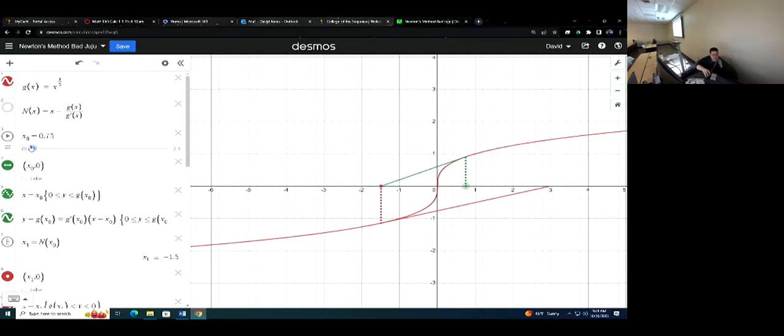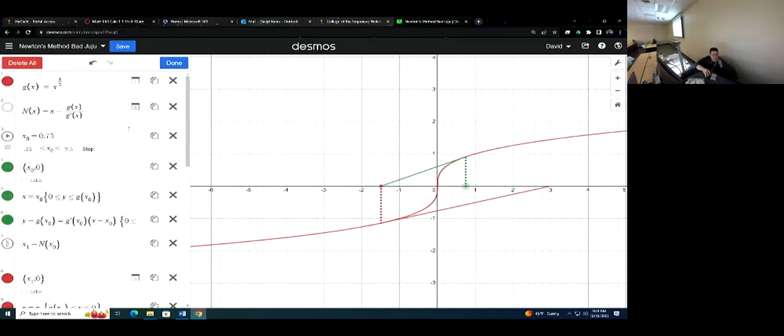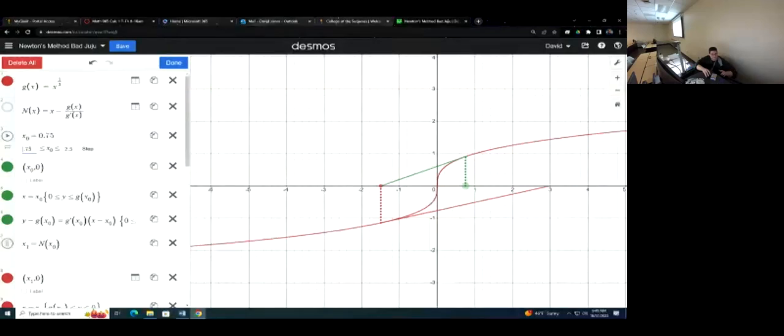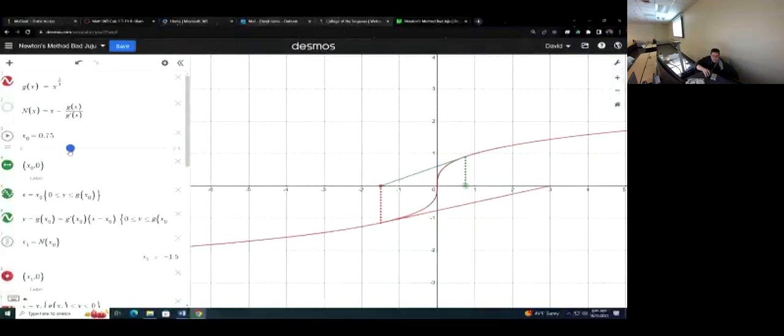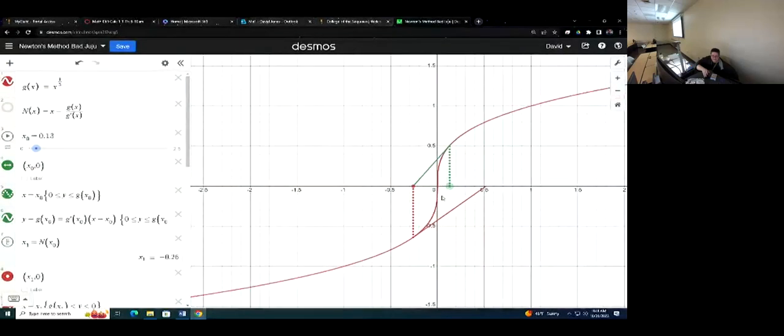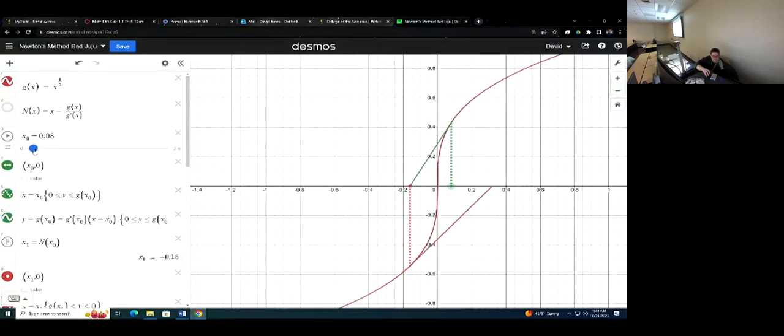So I need to edit the scale here. Does it ever give us a value that's closer?